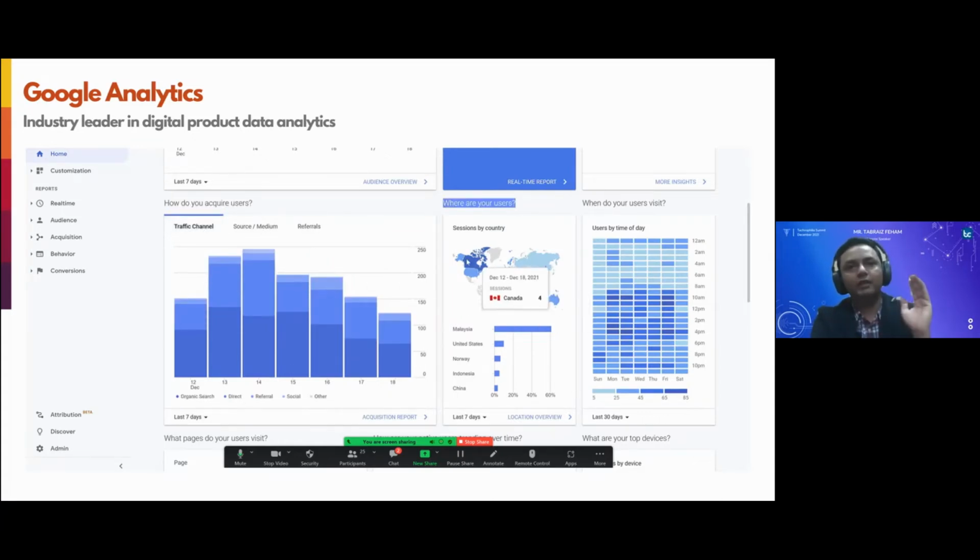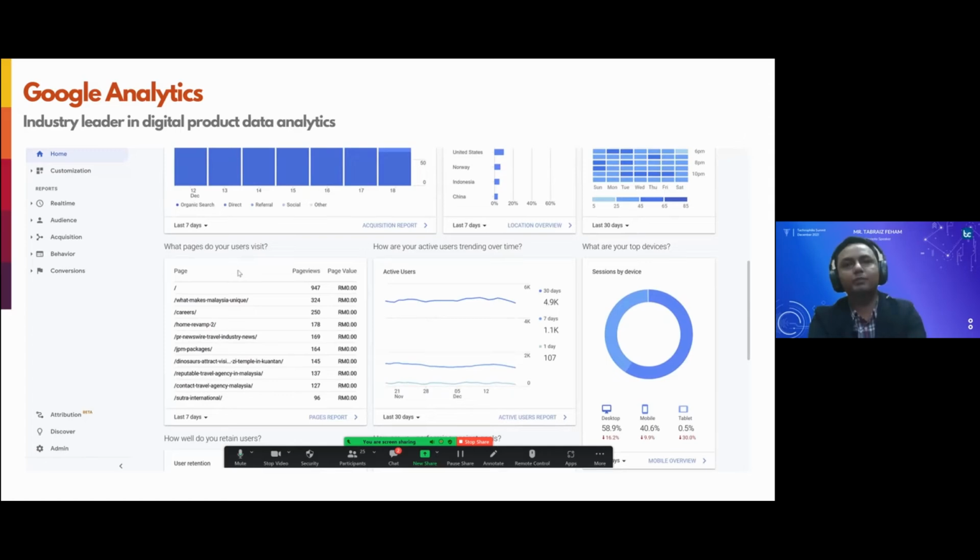You have to be an advanced user of Google Analytics, because pretty much 70 to 80% of the things you can actually perform via Google Analytics. And basic Google Analytics functionality is already good. It's already all there.